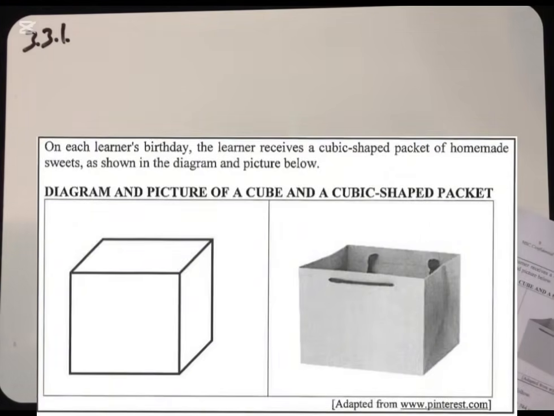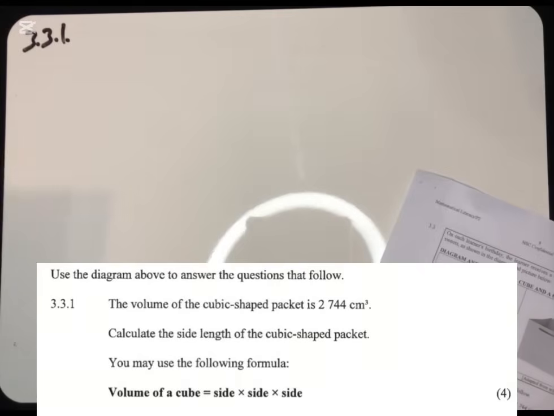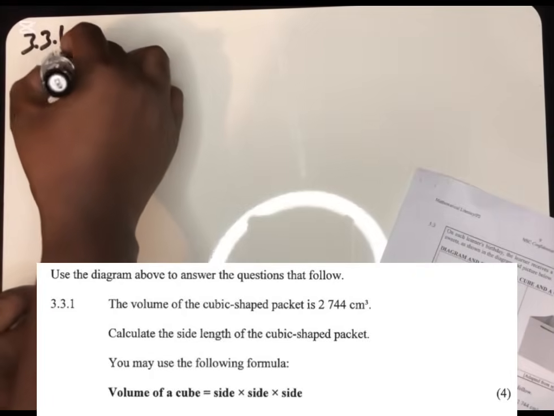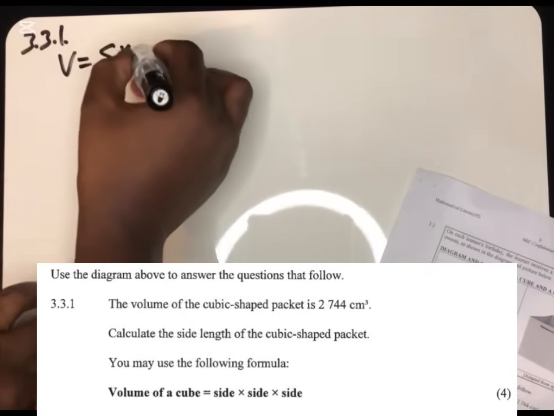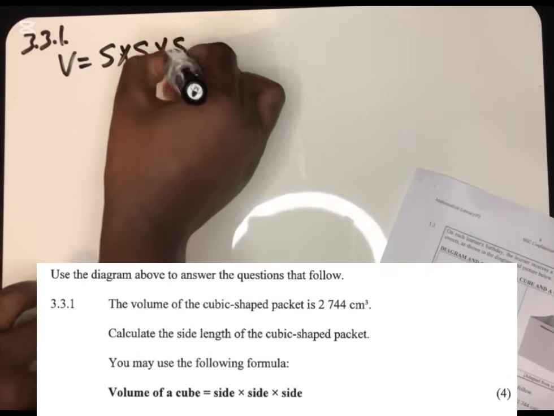The first question, 3.3.1, says the volume of a cubic shaped packet is 2,744 centimeters cubed. Calculate the side length of the cubic shaped packet. You may use the following formula: volume is equals to side multiplied by side multiplied by side.